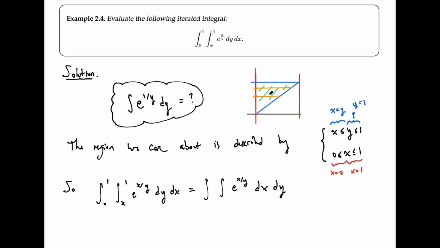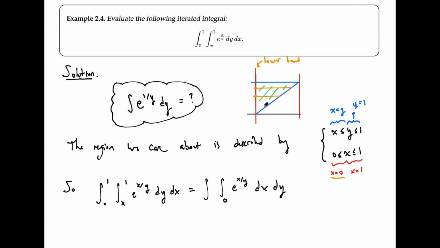In other words, we're integrating over slices like this first. It looks like for any fixed y value, the lower bound in the x direction is given by this red curve, which was x equals 0. So the lower bound here will be 0 with respect to x. The upper bound is going to be given by this blue line.